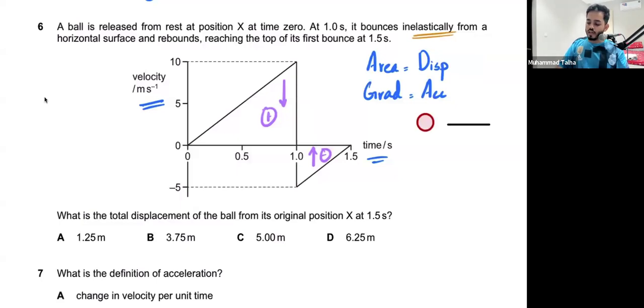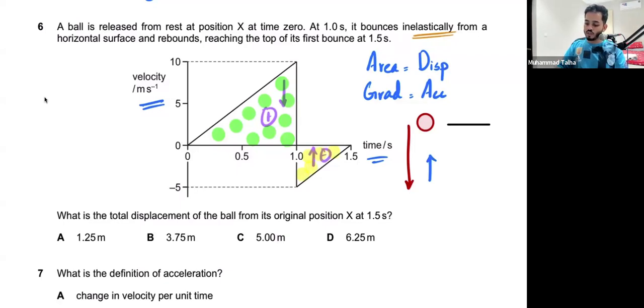And then it falls this far low, which is given by this portion of the graph. And then it goes back up till here, a lesser distance, which is given by this portion of the graph. So we can find out the difference.